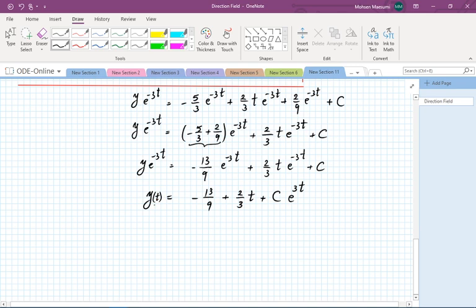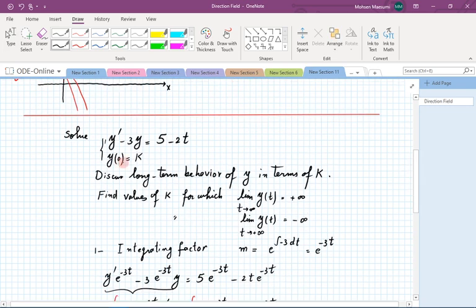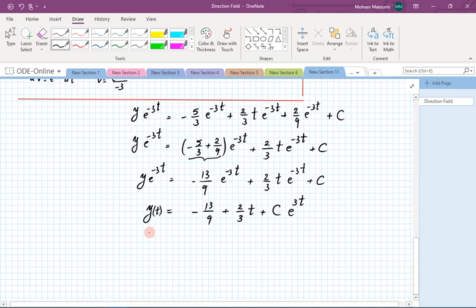Now we want to focus on the point where t is equal to 0. That's where our initial condition is given. At t equal to 0, my y is supposed to be k. So y of 0, that is minus 13/9. This is 0. And c exponential of 0, well, that's just 1. All of that, y of 0, is supposed to be k.